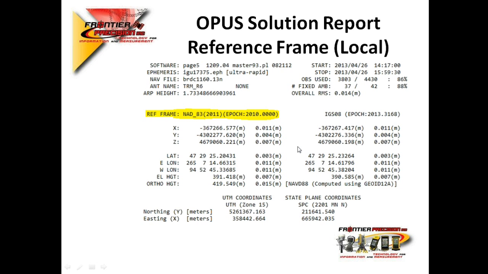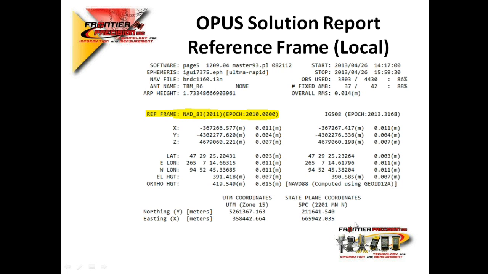This NAD83 in parentheses 2011, is it a big deal? Do I need to go in and set my coordinate system to NAD83 2011? Can I just use CONUS like I always do? Those types of things. And when I do that, is the geoid model a big deal? Notice that the ortho height is being computed back to you at Geoid 12A.